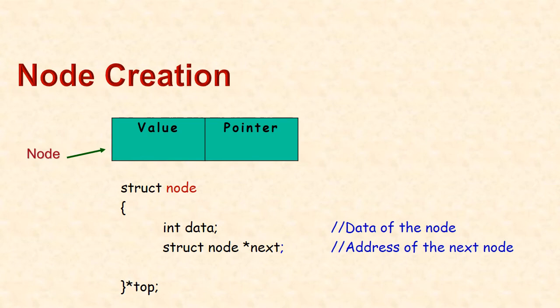Before going into that, we have to see how to create a node. We discussed this when we discussed linked lists, but I am repeating it for your convenience, for the new users. I declare a structure with two members. One is int data, another one is a pointer next, and this next is a struct node pointer, I mean a pointer of the same structure type.